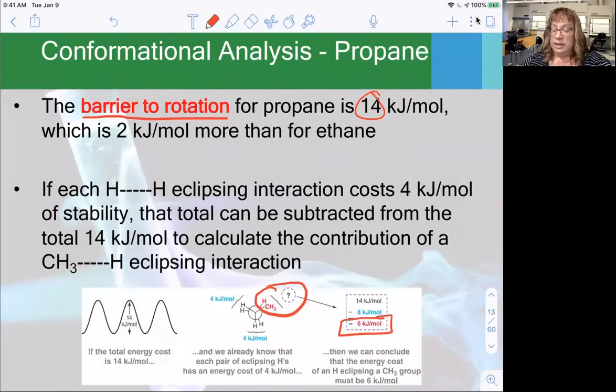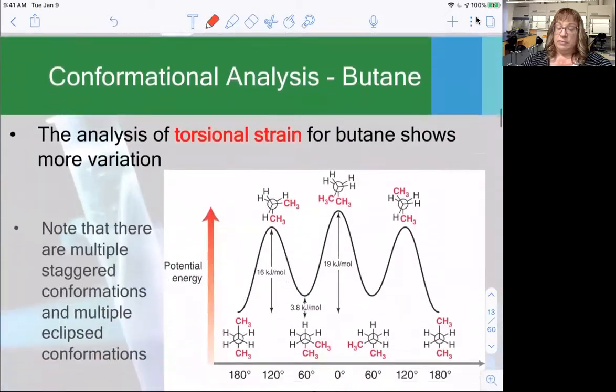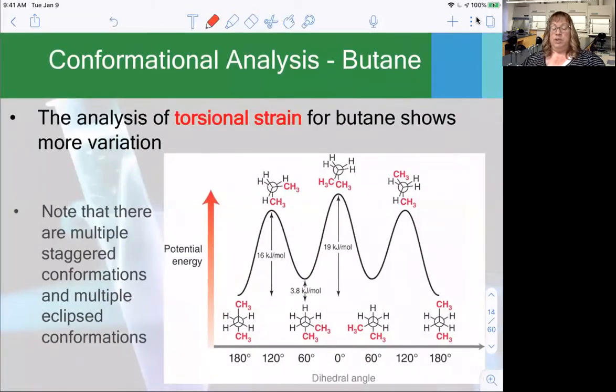So when I look at it, I have 4 plus 4 is 8, plus 6 is 14. Because the methyl group is larger, the hydrogen-methyl eclipsing interaction is worse than, and raises the energy of, the overall conformation.